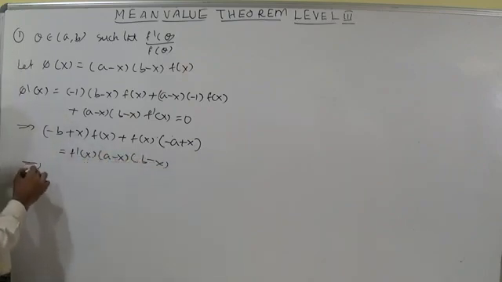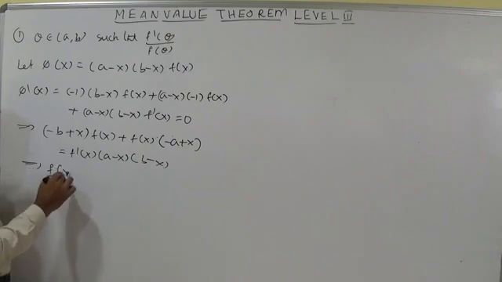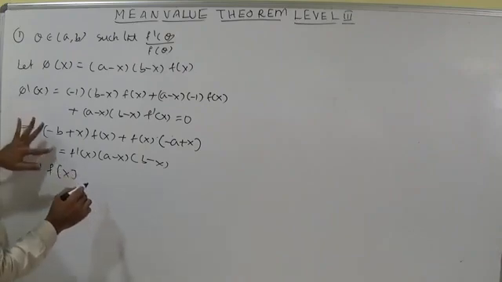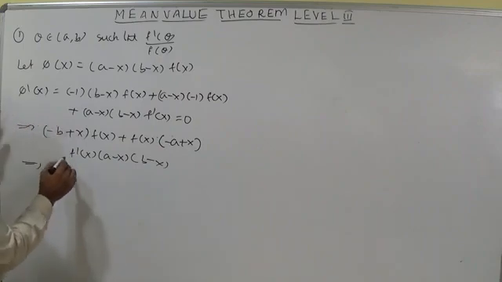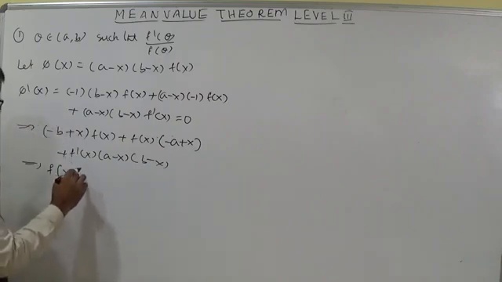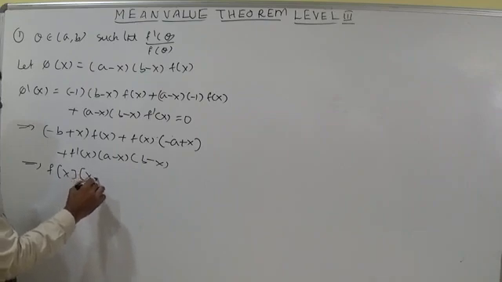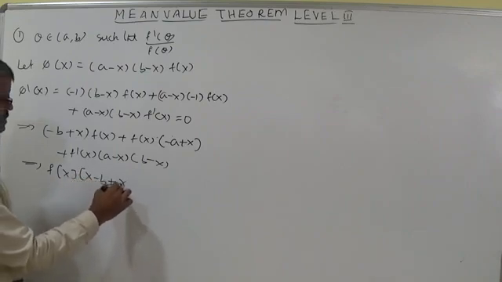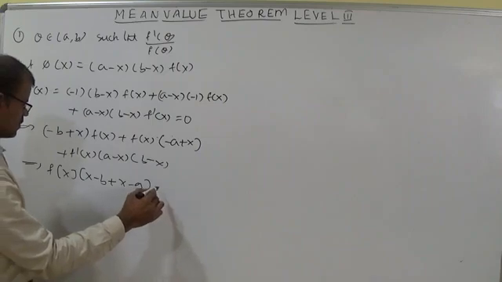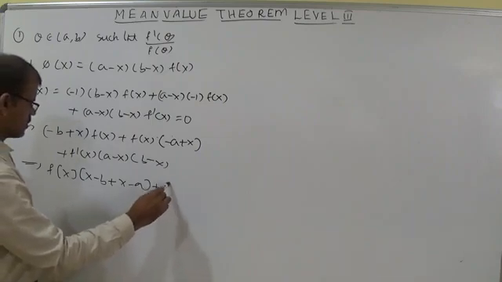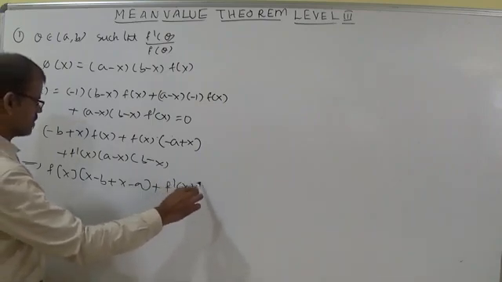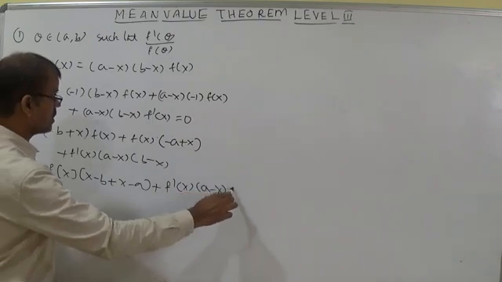So that implies f of x taken common, and you write plus only: f of x into x minus b plus x minus a, same as we got, plus f dash x into a minus x into b minus x.